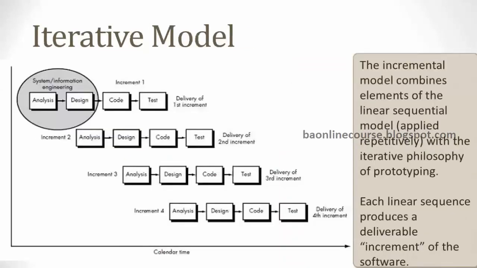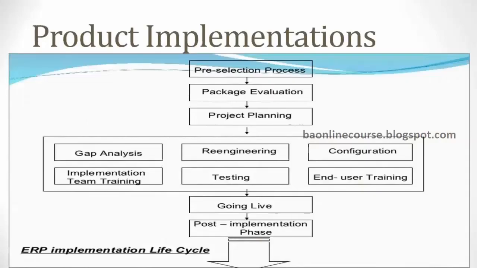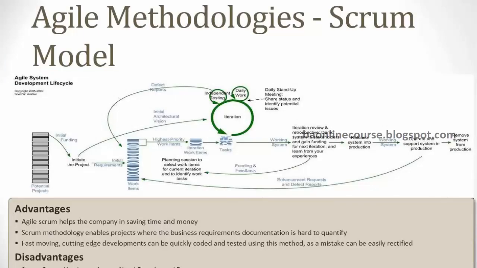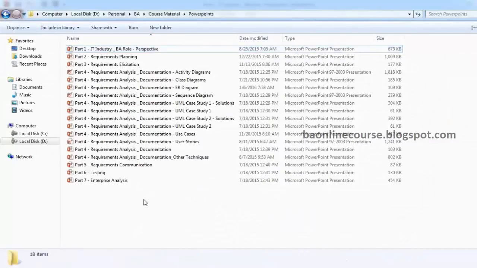We looked at the iterative model to reduce the timelines for the delivery of the system. We looked at the spiral models for high-risk projects. We learned about the product implementations as well. And finally, we also looked at the agile way of executing the projects. Okay, so that's primarily what helps us understand how things work in the industry.